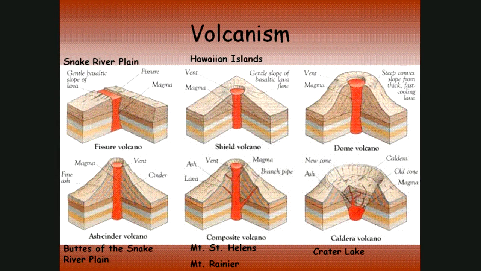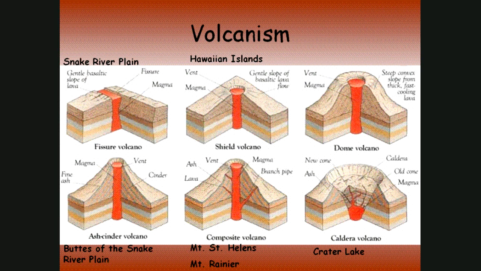And then they make up rather large mountains. Most of the major mountain peaks in the Cascades and Sierra Nevada are composite cones: Mount St. Helens, Mount Rainier, Mount Hood, Mount Shasta, all of those. And it's the same all the way up through British Columbia to Alaska. Lots of composite cones. Denali is a composite cone.